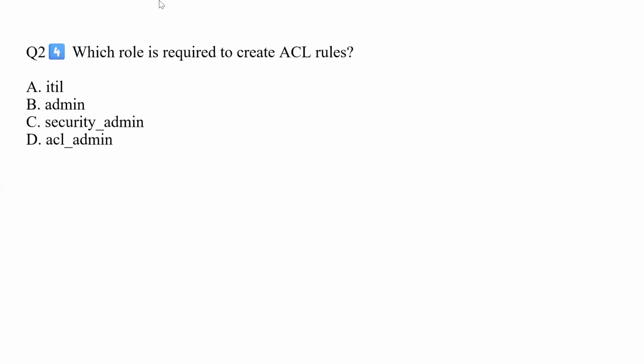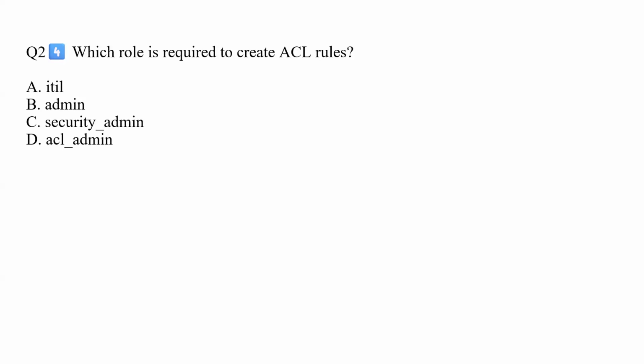Which role is required to create ACL rules? Option A, ITIL. Option B, admin. Option C, security_admin. Option D, ACL_admin. ACL controls the system security, and a wrong ACL can expose data. So admin role alone is not enough.